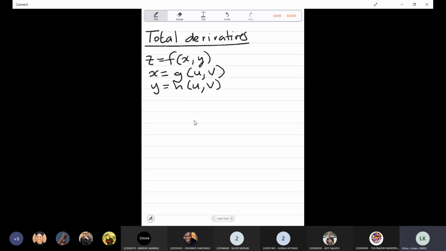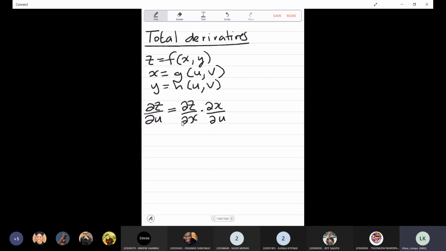So z depends on x and y, which depend on u and v. And now the question may be, can we find the derivative of z with respect to u and the derivative of z with respect to v? That will be the partial derivative. So z is only in terms of x and y, but x and y are in terms of u and v. Now we want to find the derivative of z with respect to u. Here we just use the formula: the partial derivative of z with respect to x multiplied by the partial derivative of x with respect to u.